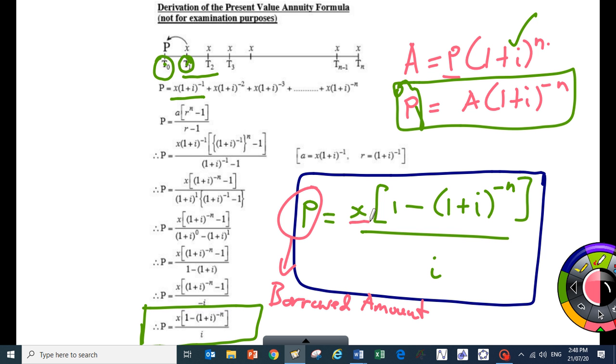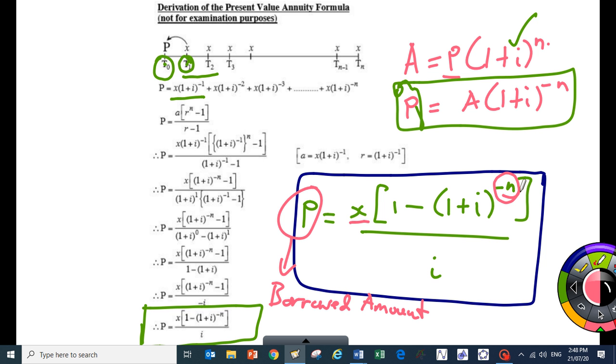So the meaning of that is the same. That's the amount which is paid every month, for example, or every quarter. And this n here, remember, the n represents the number of repayments, the total number of repayments.